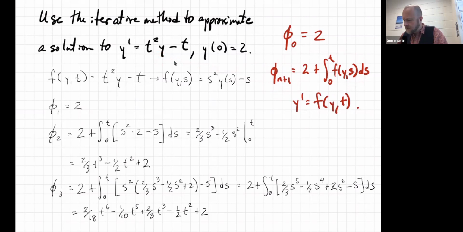All right. I've not gone through all the details of that, but actually I should probably not erase that. Okay, I've not gone through all the details of that, but that is the essence of what goes on with the Picard iterative method.